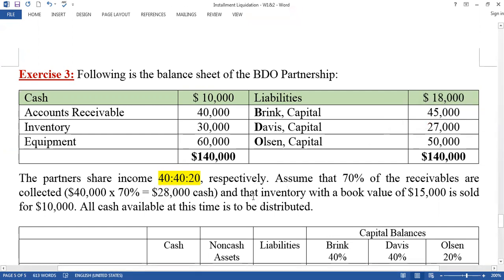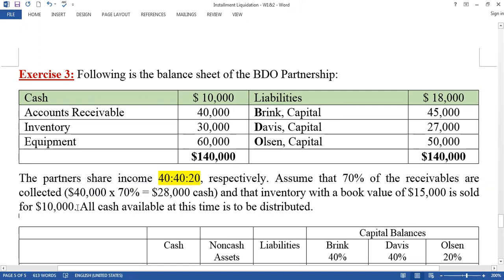Now another important point here, they also sell some inventory. Inventory book value is $15,000. Total inventory is $30,000. They sell $15,000. But how much cash do they receive? $10,000 cash receipt.